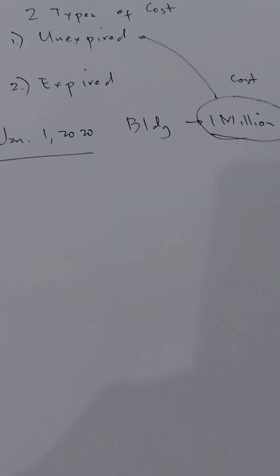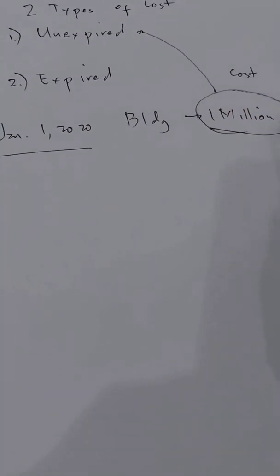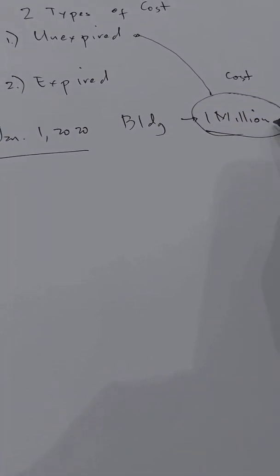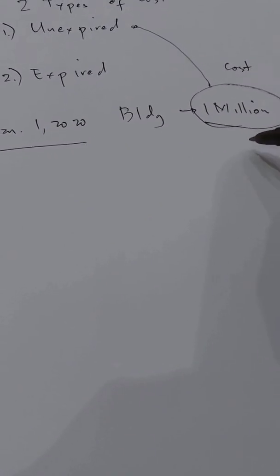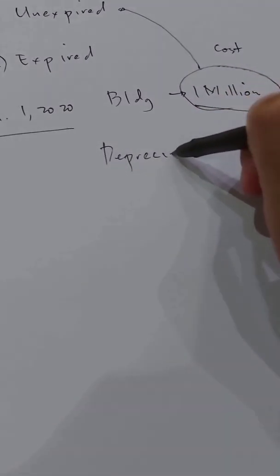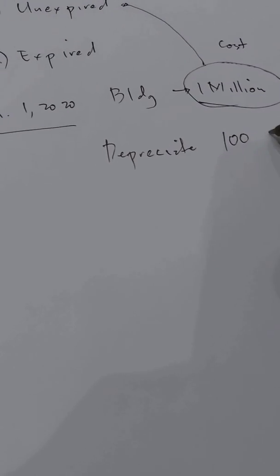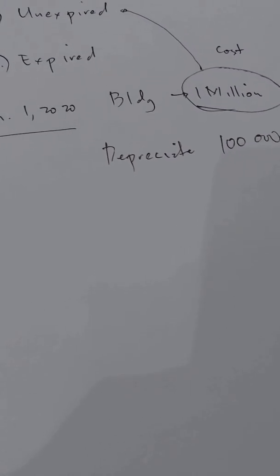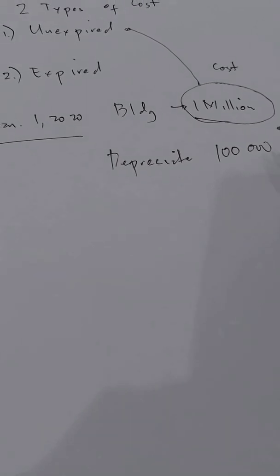Okay? But after a year, yung building natin, let's say, ang useful life niya ay 10 years para mas madali. So, ibig sabihin, magde-depreciate siya every year ng 100,000. So, after a year, magde-depreciate na yung building na natin ng 100,000.